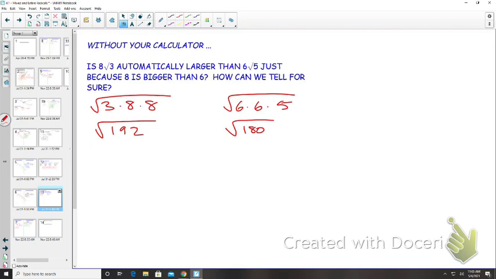So no, it's not automatically bigger. In this case, it is, but if this was a 10, then this would be bigger. It just depends on the radicand. Remember, the radicand is the number underneath the square root sign.